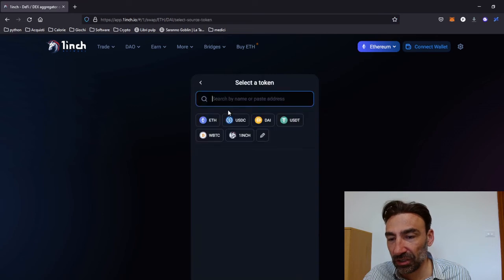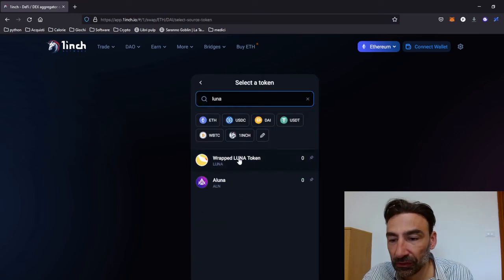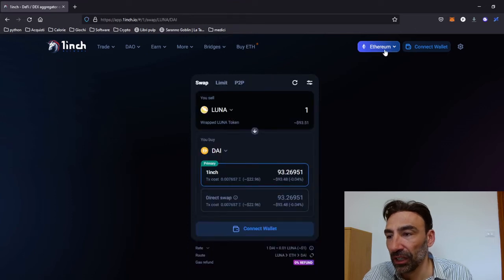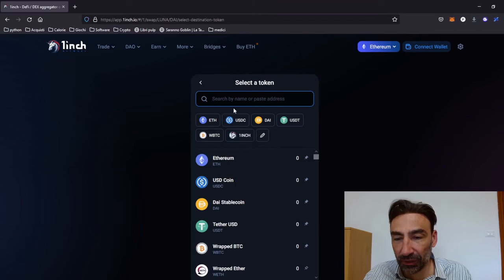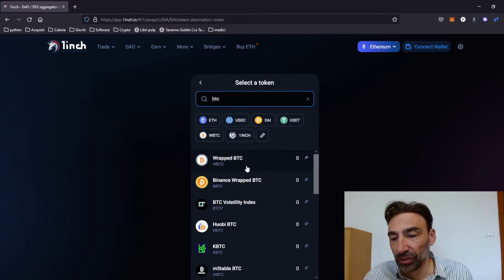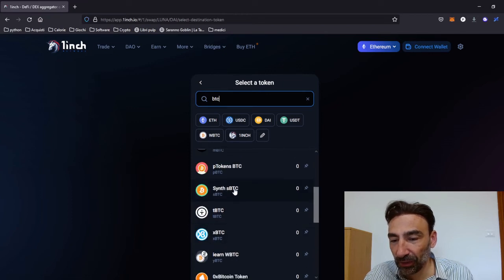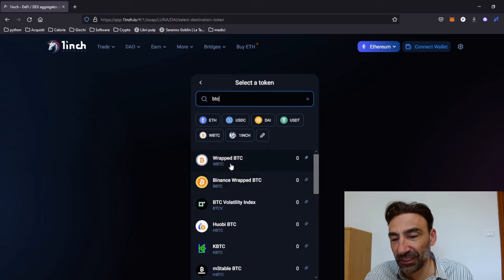You can, for example, take Luna again, wrapped Luna, because I'm on the Ethereum blockchain, so Luna doesn't exist. It exists only as a wrapped token. So Luna for Bitcoin. Can you see also here that Bitcoin on the Ethereum blockchain exists as wrapped BTC, Binance wrapped BTC, renBTC, mStable BTC, pTokens BTC, Synth sBTC.